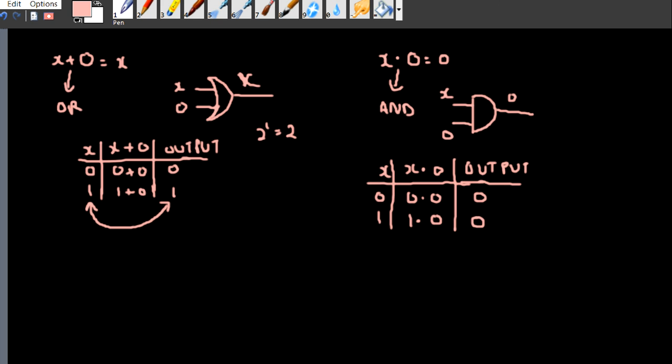Just look at this: the output column is always 0 irrespective of the value x has. So the output is always 0, which means x into 0 is always equal to 0, hence verified.